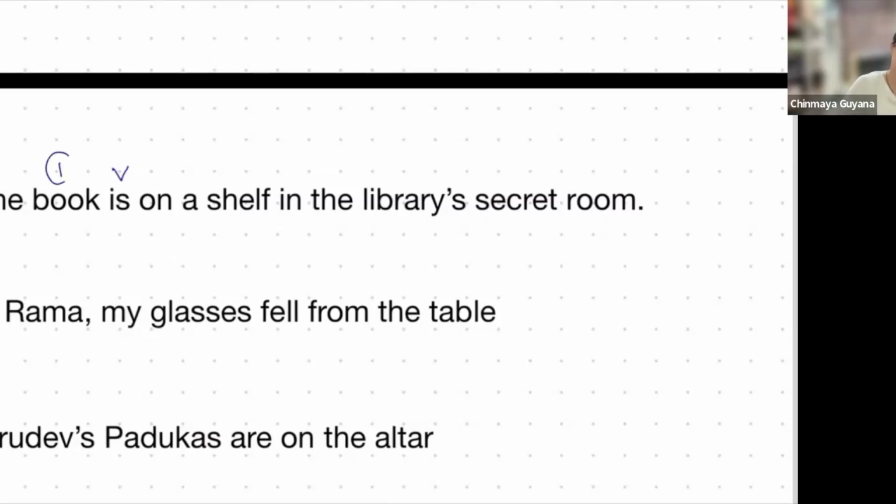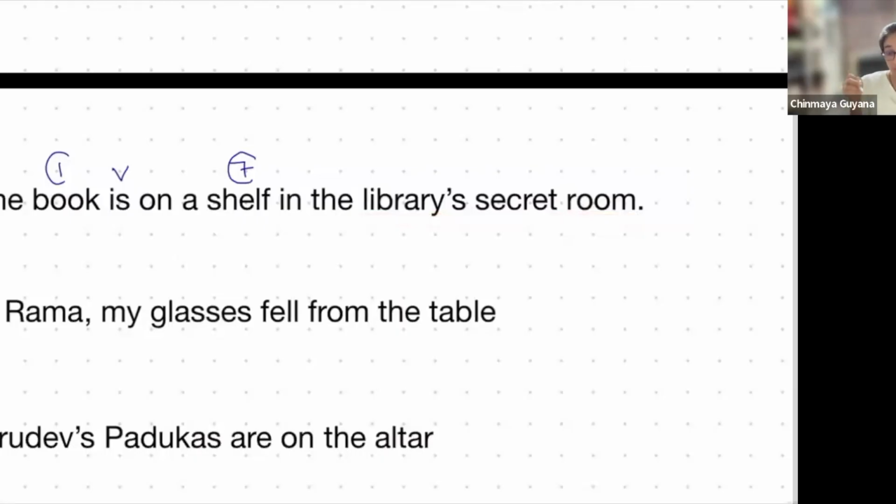What is the book? The book is. Now, what else is there? There's no direct object. There's no second case. But there's shelf. On a shelf. On is 7th. So shelf will be case number 7. In the library's secret room. Now here there are two nouns, library and room. Each of them will have their own case, right? So what is the case of secret room?